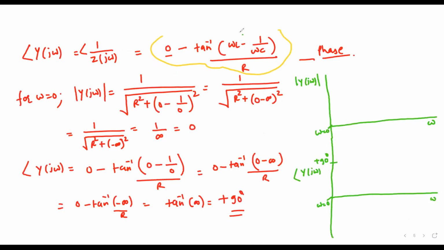So it would take the value of R. So somewhere here the plot goes like this, and the admittance takes the value right here, which is R. What about the phase?